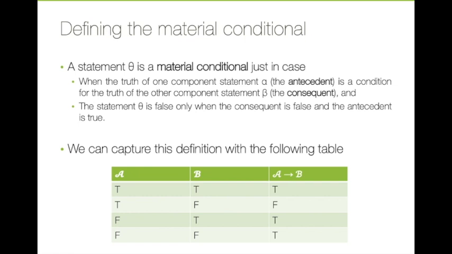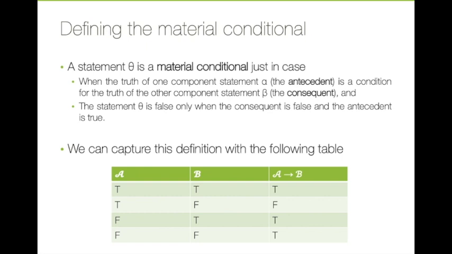And we can formalize that by saying the statement is only false if the consequent is false when the antecedent is true. So that table below captures this definition. If the antecedent and consequent are both true, then the conditional is true. Let's look at the last 2 rows. If the antecedent is false and the consequent is true, the conditional is true.